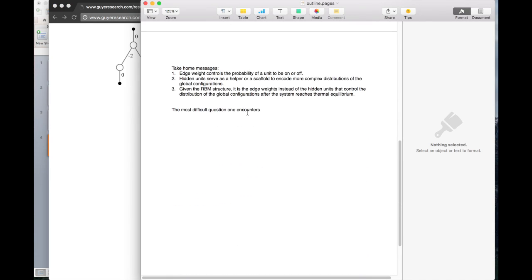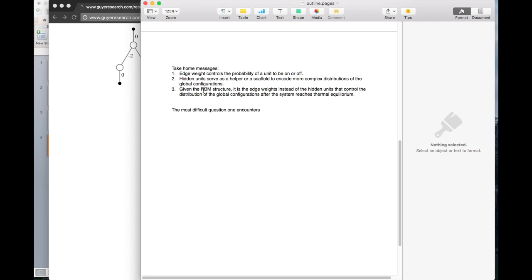So there are a few take-home messages I want you to take. The first is that it is the edge weight that really controls the probability of a unit to be on or off. And the hidden unit serves as a helper or scaffold to help encode more complex distributions of the global configurations.